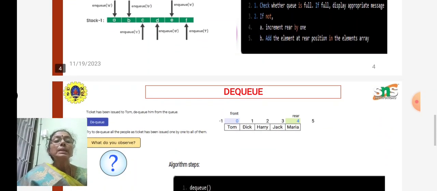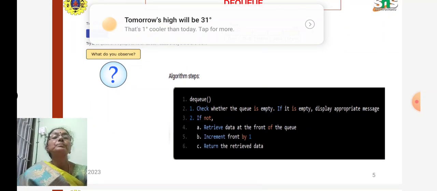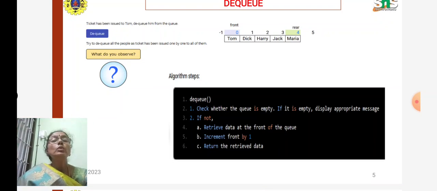Next one is DQ. What is DQ? Suppose the person gets the ticket and is removed from the queue, that is called DQ. So DQ is a deletion operation that is done at the front end. For DQ, first we have to check whether the queue is empty, because in an empty queue we cannot delete any element.